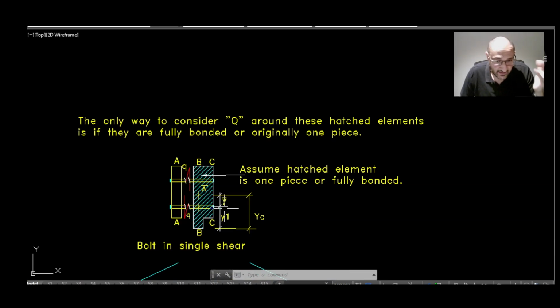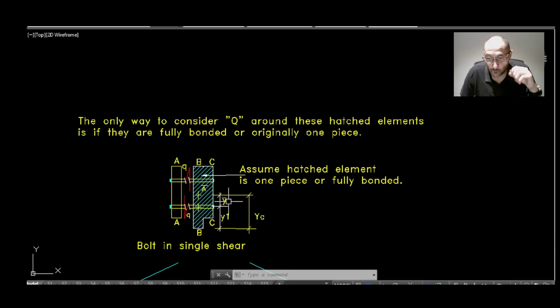And if that's the case, then the bolts are only passing through 2 elements, and there is only a single shear. And because it's one piece, then we can calculate the centroid of this hatched area, Y1, as we have here, as well as A bar of that full area.